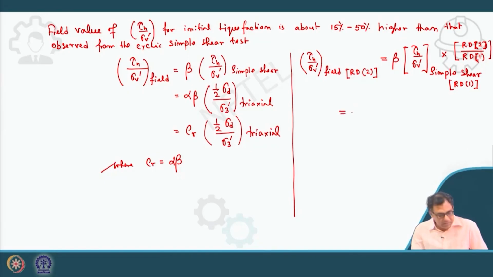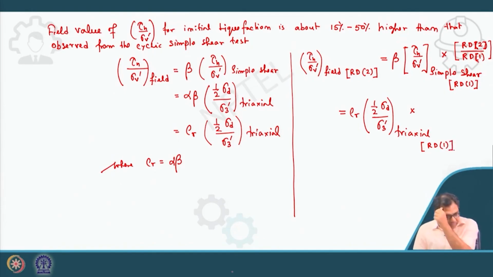Similarly, CR for half sigma d divided by sigma 3 dash for triaxial is also equal to RD2 divided by RD1, relative density 2 divided by 1. So this way I can determine.